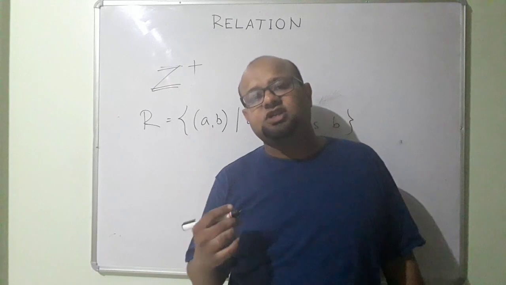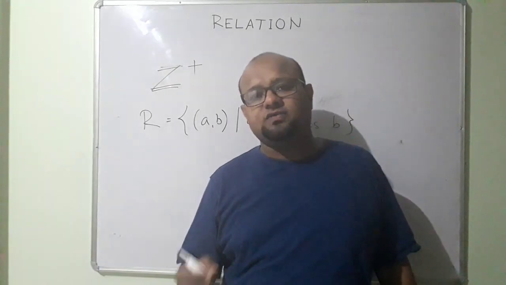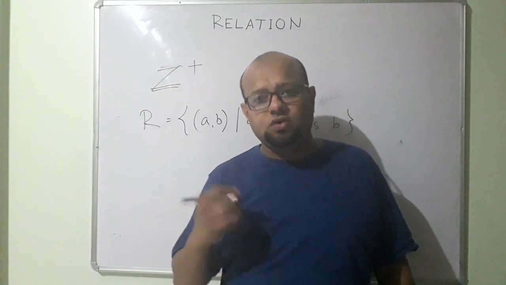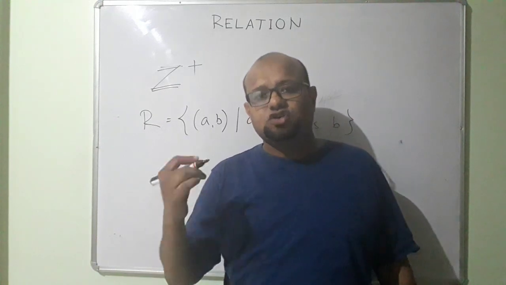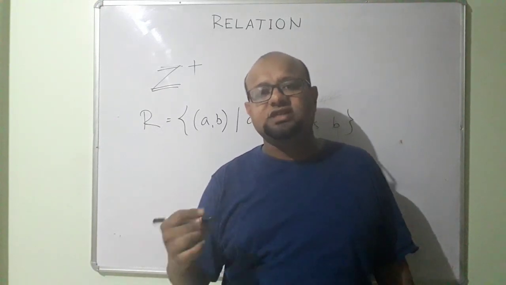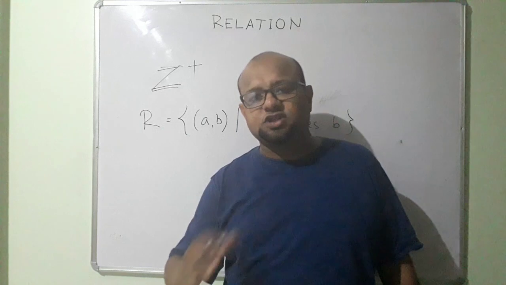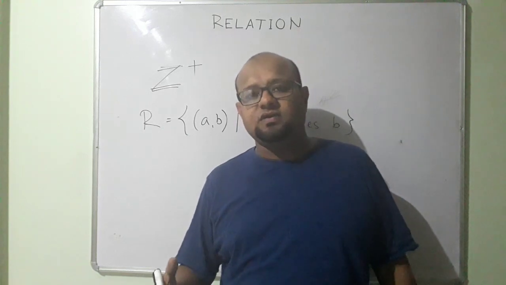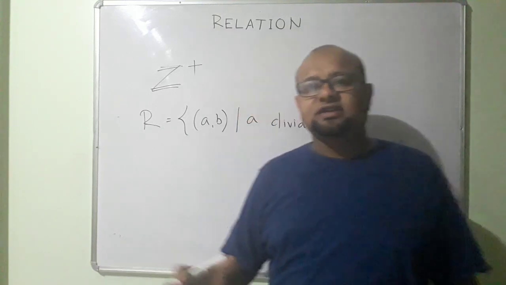So all these positive integers, do they divide themselves? 1 divides itself, correct? 2 divides itself, 3 divides itself. So (1,1) is there in the relation, (2,2) is there, (3,3) is there. So all these positive numbers divide themselves. Okay. So this is reflexive.